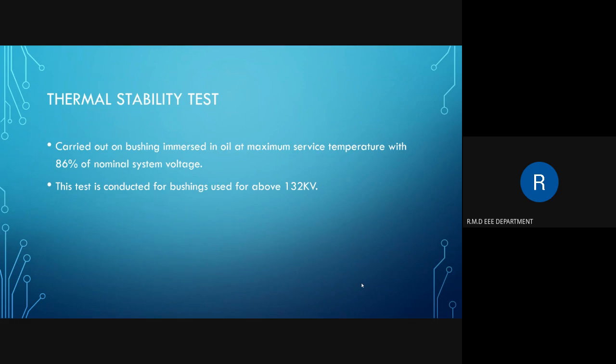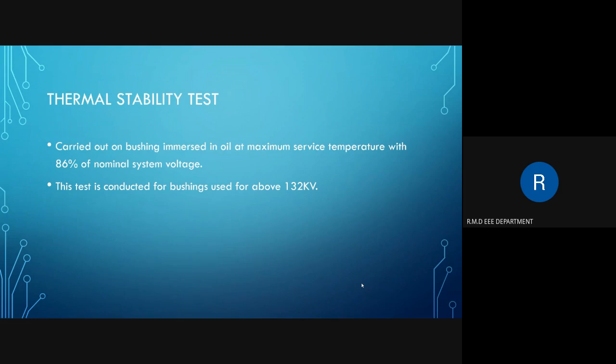In this, 86% of the nominal system voltage is applied to the bushing, which is immersed in the oil in a transformer, in service condition and working at maximum temperature. This test is conducted for bushings used for about 132 kilovolt. In high voltage applications, the dielectric losses are high.